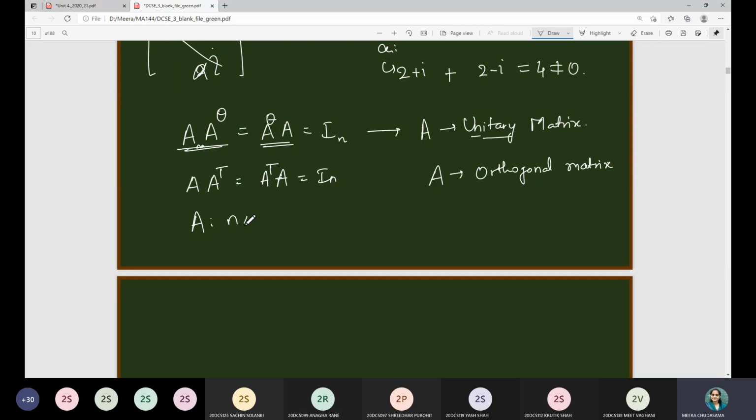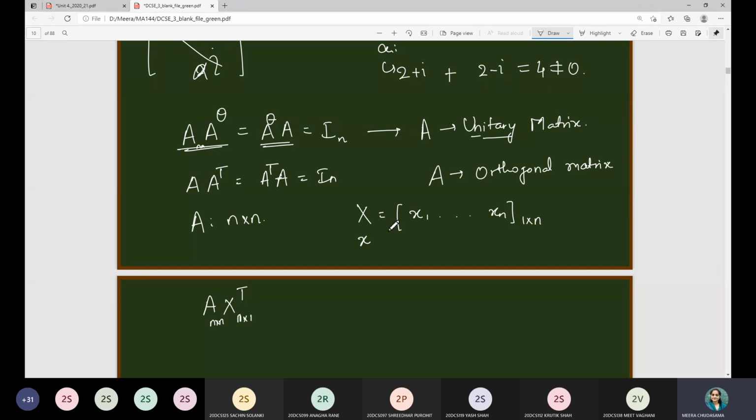A is a square matrix of order n cross n, and X, capital X or small x, is any row vector of order 1 cross n, that is x1, x2 up to xn, the variable vector. In that case, matrix multiplication of A and X transpose is possible because A is of order n cross n and X transpose is of order n cross 1.